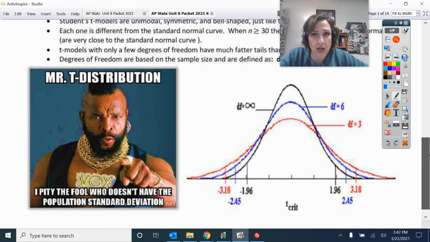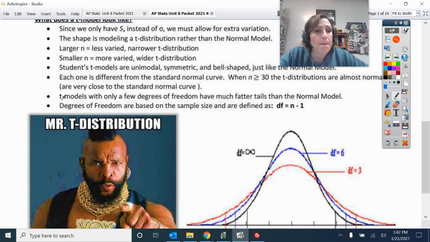Okay, and again, we'll talk about that in a minute. But each one is different from the standard normal curve. And now when n is greater than or equal to 30, then those T distributions are very close. They're getting closer and closer to the standard normal. T distributions with just a few degrees of freedom have much fatter tails than the normal model.